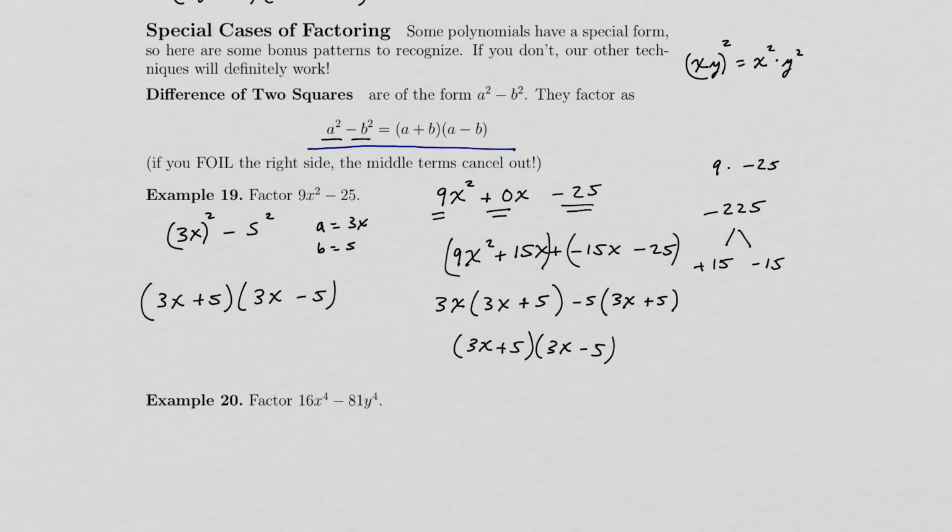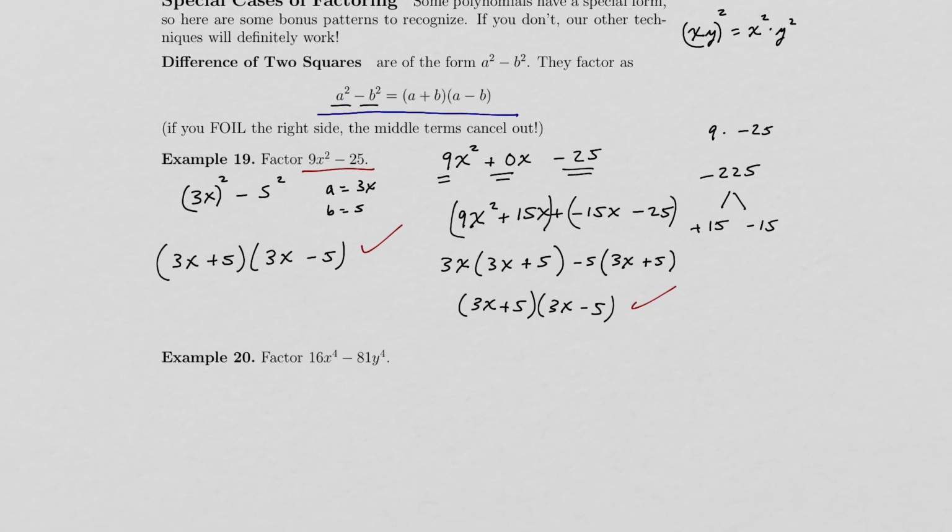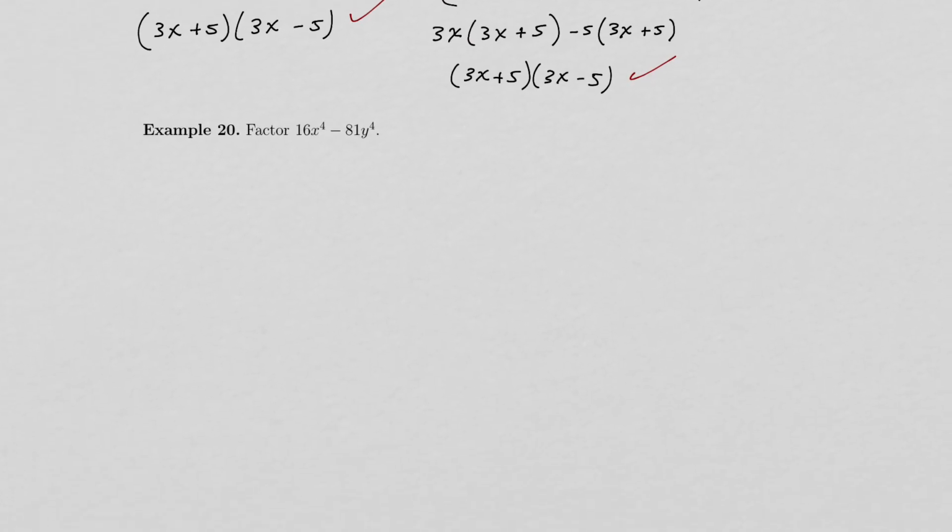Okay, so notice if you check, it's the same as what we got over here. But it's much quicker if you recognize that that is a difference of squares. Okay, this one actually, you could do, again, using the AC rule, but this is a lot more complicated. So this one, hopefully you would just recognize that it's a difference of squares.